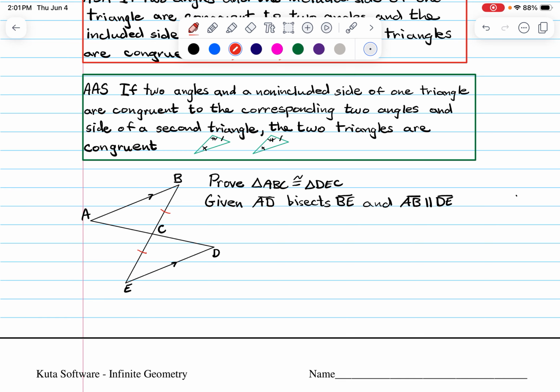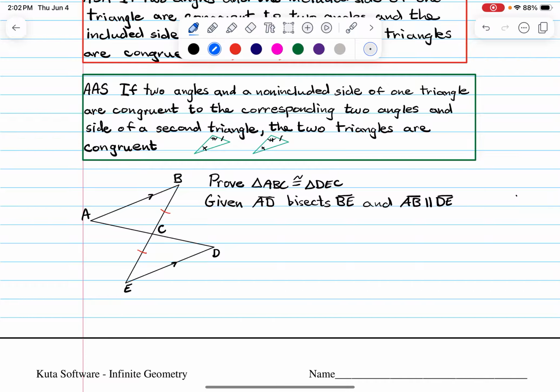Now here's the way we can prove it. First of all, I've got two sides here that are definitely congruent because I was given that. Now let's see what we can do with this.